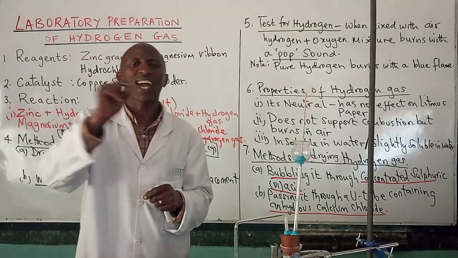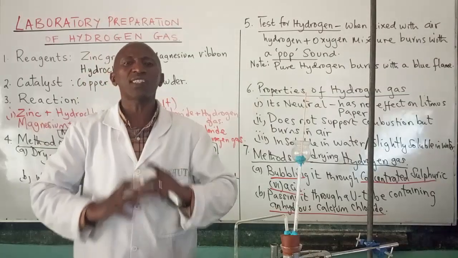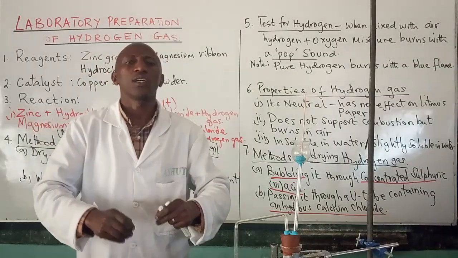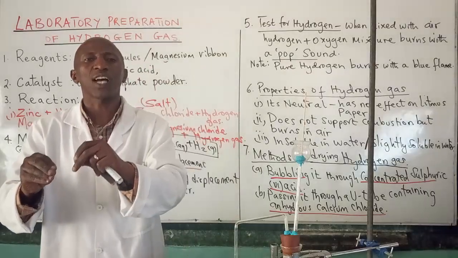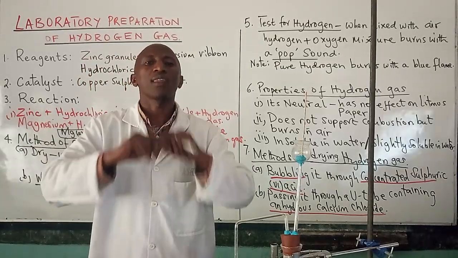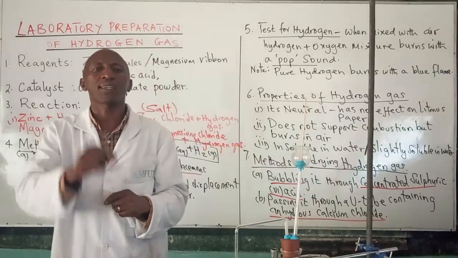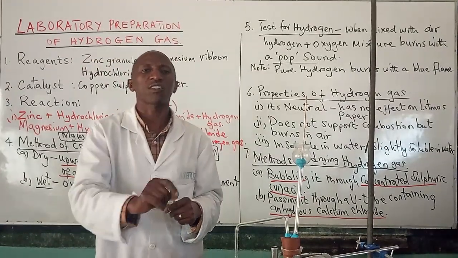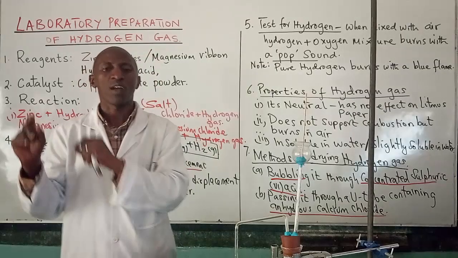It will oxidize the hydrogen by giving it oxygen. So nitric acid gives the hydrogen gas produced some oxygen, and instead of the end result being hydrogen, we collect water. So you find that nitric acid is not suitable in the laboratory preparation of hydrogen.